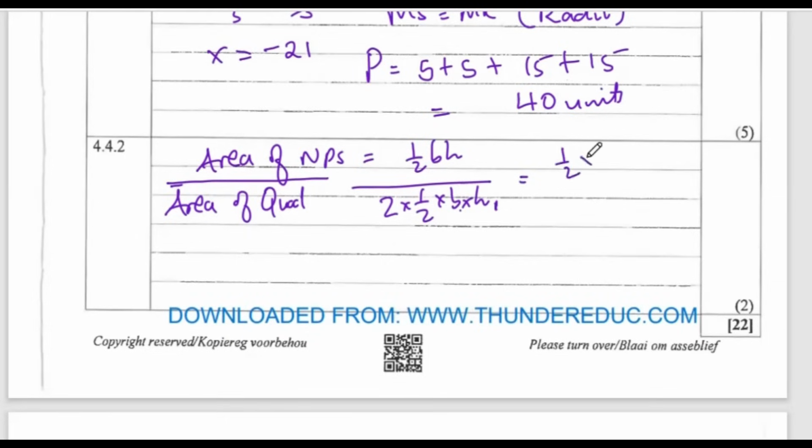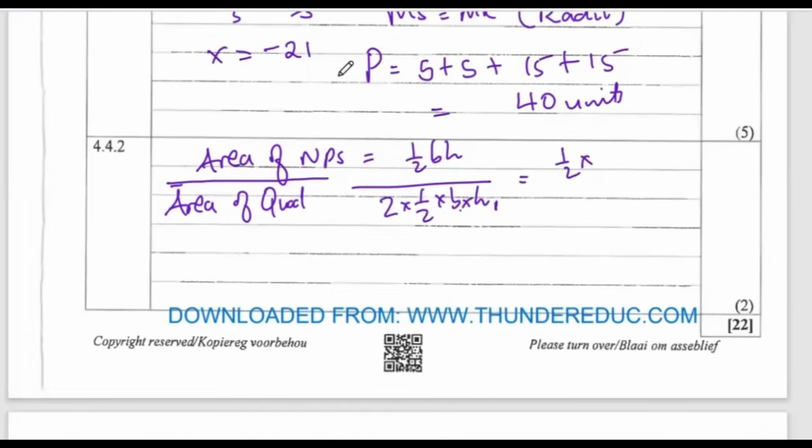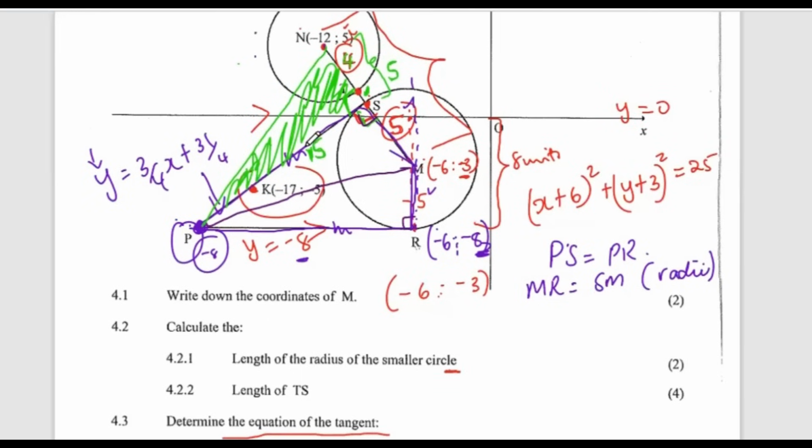So that's going to be a half times our base. We said it's 15. Our height was a combination of 4 plus 1. Then over, this is 2 times a half. Our base is also 15. This 15 and the 15.